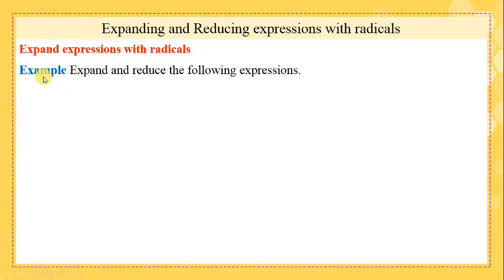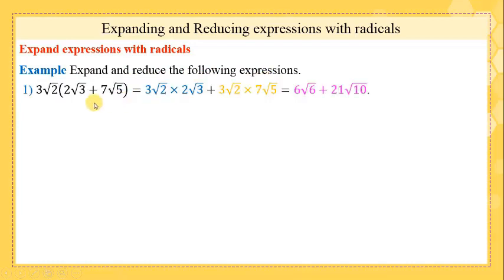Expand expressions with radicals. Example: expand and reduce the following expressions. Number 1, 3 radical 2 into 2 radical 3 plus 7 radical 5. Here we use the distributive property of multiplication over addition.